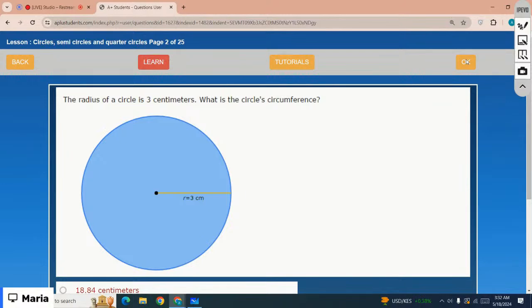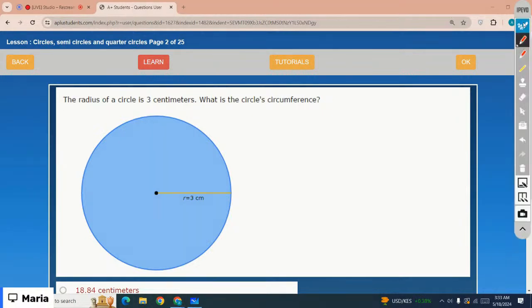The radius of the circle is 3 centimeters. Now you have to calculate the circumference. Like for the other shapes, you calculate the perimeter. For the circle, that is circumference, that is 2 pi r, right? You are given the radius 3, pi is 3.14, 3 times 2 is 6, and then that is 18.84. That is the correct option, right?